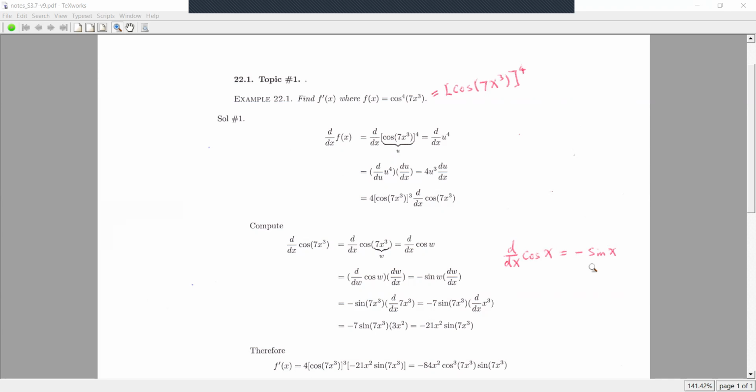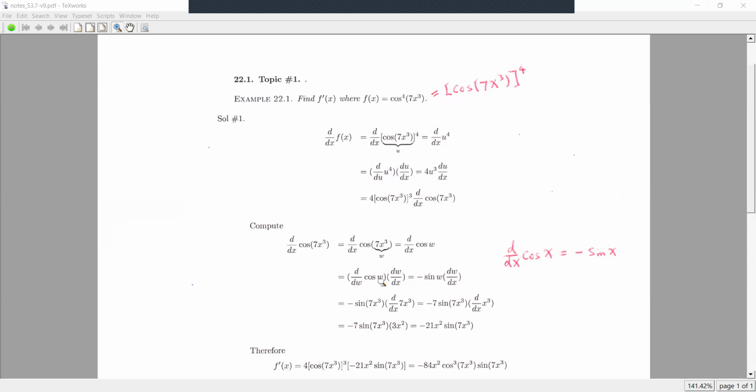But this formula requires all the variables are the same variable. In this derivative, x and w are different variables. To overcome the difficulty, I use the chain rule. I insert dw to the denominator and put dw on the numerator.